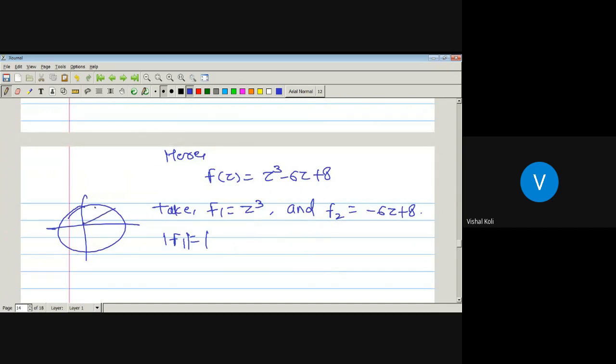So this will be a circle of radius 1/2, centered at 0, and we have to find the modulus over this circle.